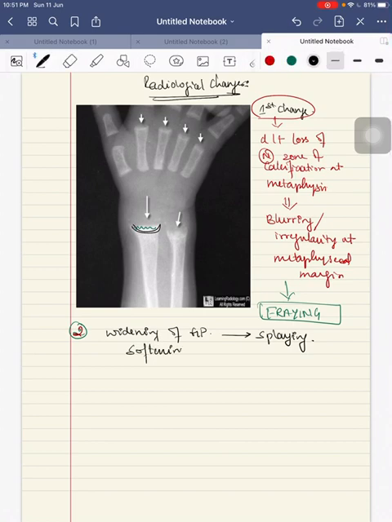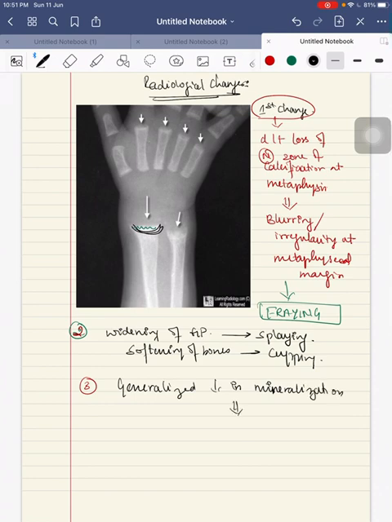Because of the softening of the bones, there will be this cupping. Okay. Generally, there will be a decrease in the mineralization. So there is a generalized decrease in the mineralization that leads to the features of osteopenia in the radiological image.